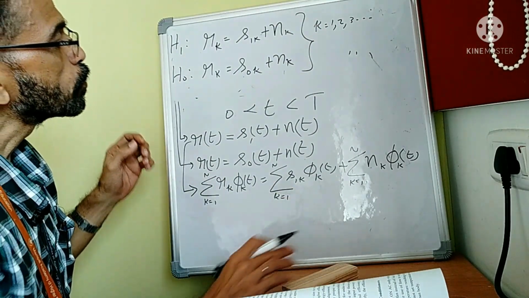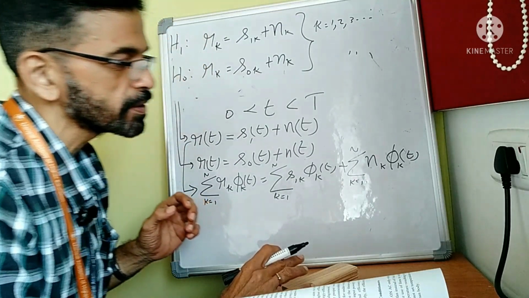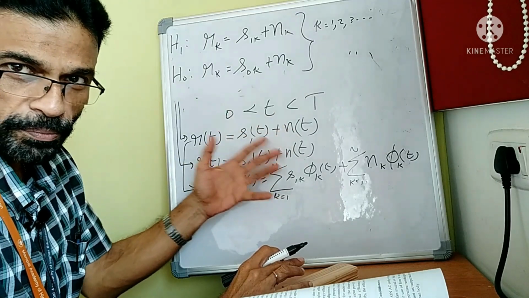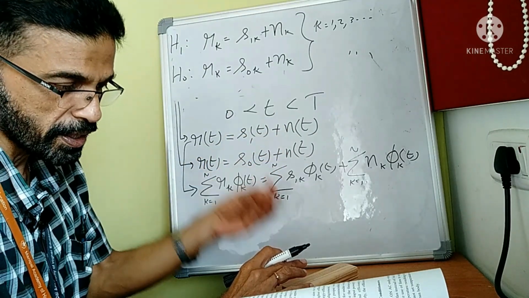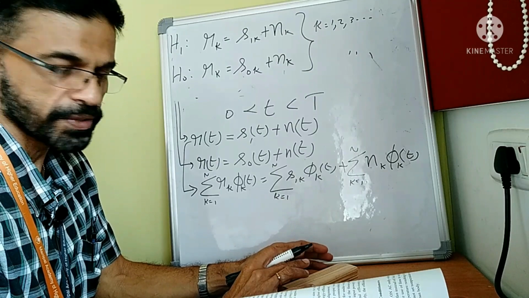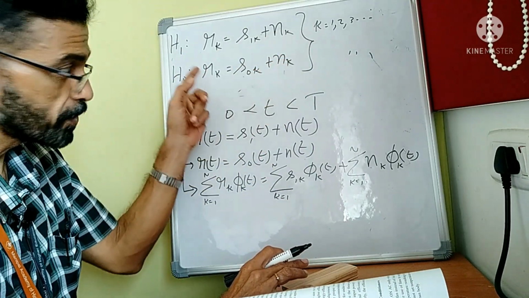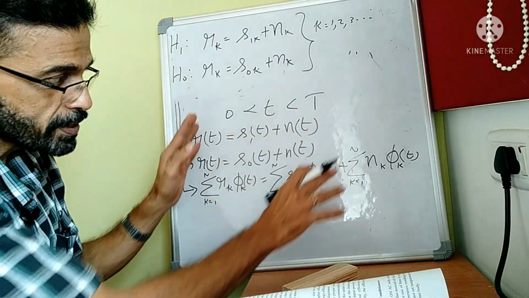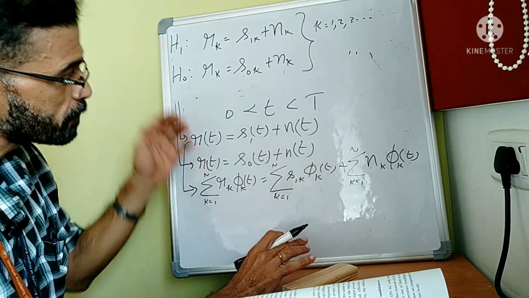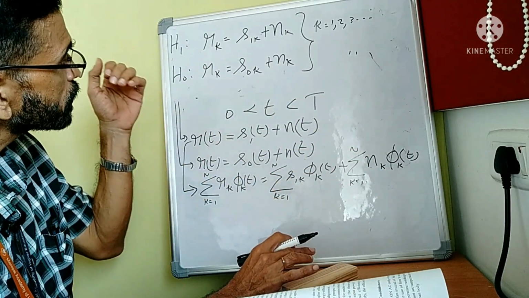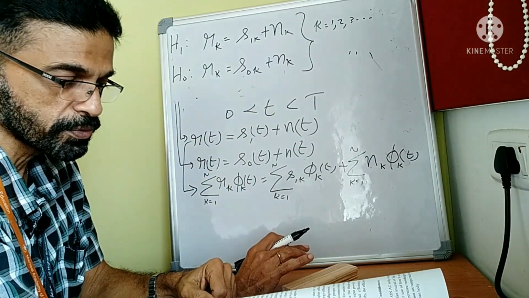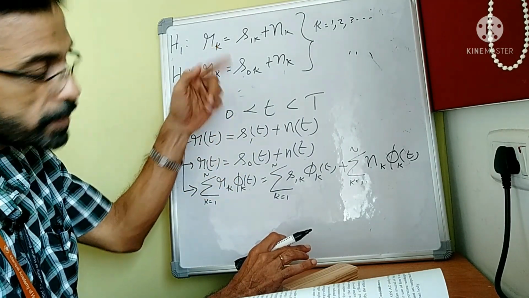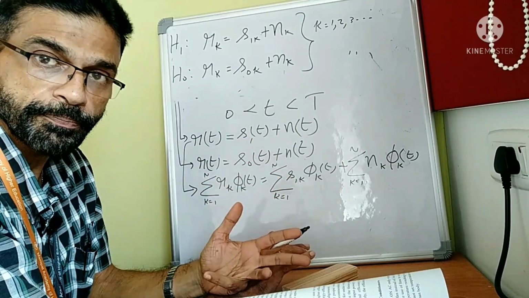So you can see now that we have been successful in converting the received random process, the received sample realization of the random process, into random variables. How exactly we perform this in the receiver we'll see later, but it is possible, at least on paper, that when H1 is the output hypothesis from the source, it sends S1 of t, and the receiver receives R of t.